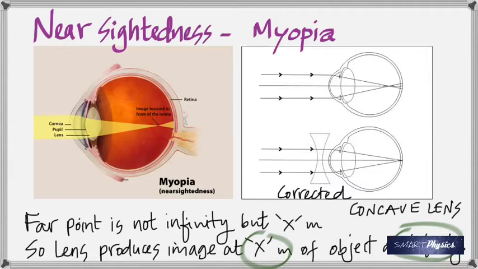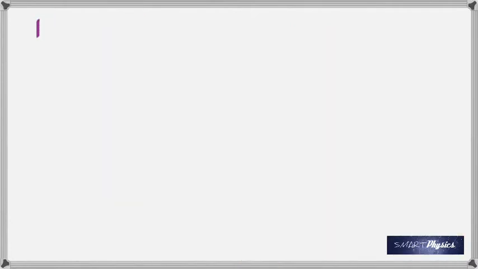All right, let's say my far point was 2 meters. So I can see up to 2 meters, correct? So what do I do? I wear a lens so that even when the object is at infinity, that lens produces the image at 2 meters. And then my eye lens takes it up from there. Let me see your hands if you understood. Thank you so much. Very good.